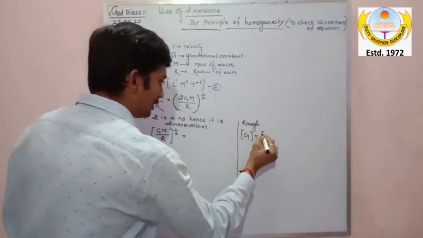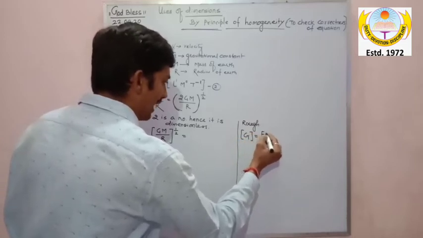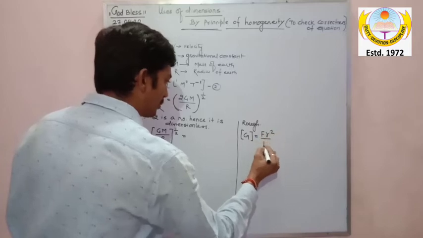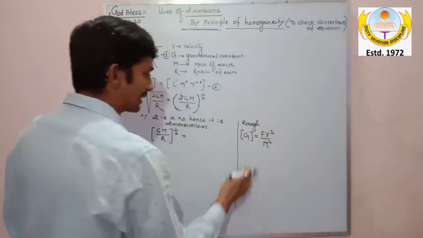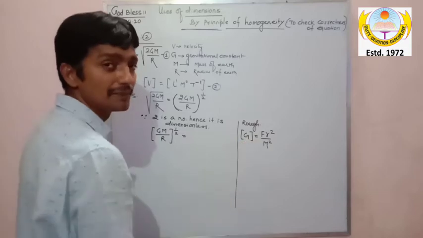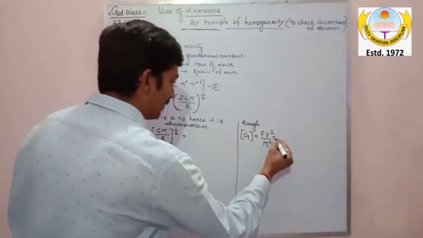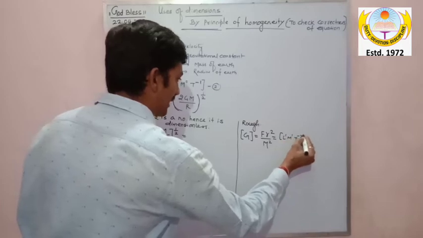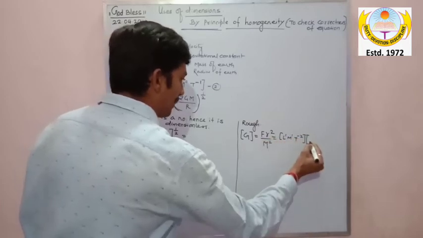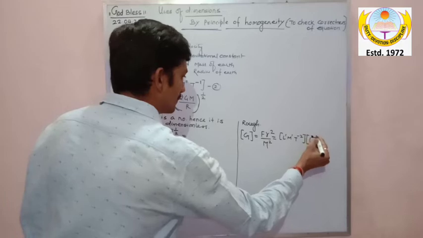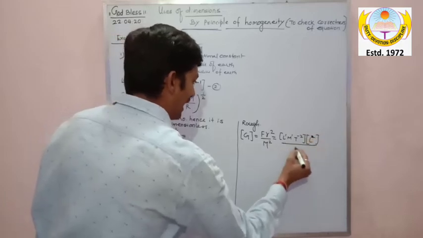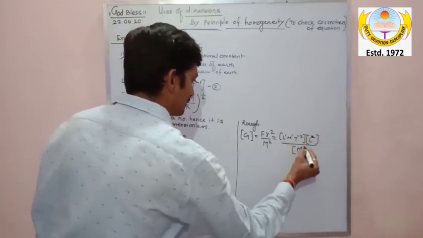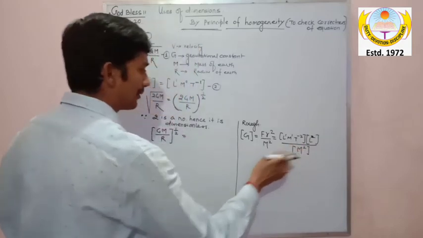Because the formula for G is F r square upon M square. This is the formula for the dimension of G. So the dimension of G will be nothing but L1 M1 T minus 2, that is for F, multiplied by L2, divided by M square, that is M power 2.